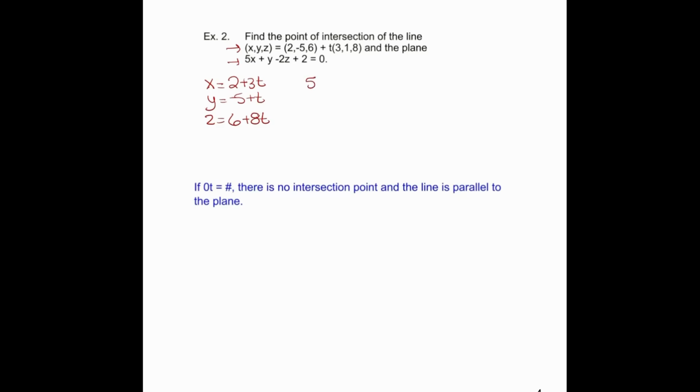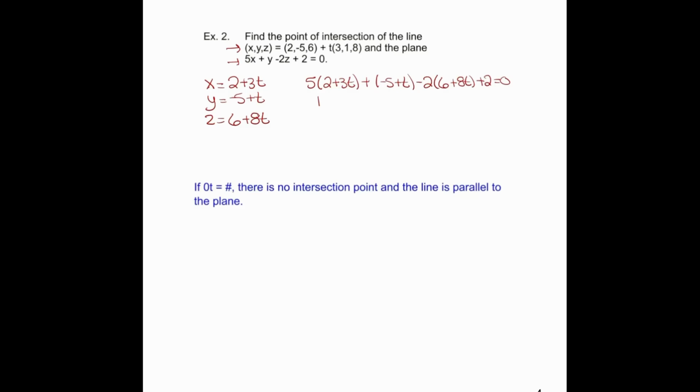Now we're going to sub that in to our equation, the equation of the plane. So we get 5 times (2 plus 3t) plus (-5 plus t) minus 2 times (6 plus 8t) plus 2 equals 0. We're going to expand, we're going to simplify.